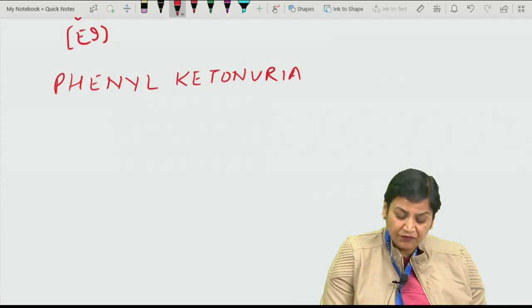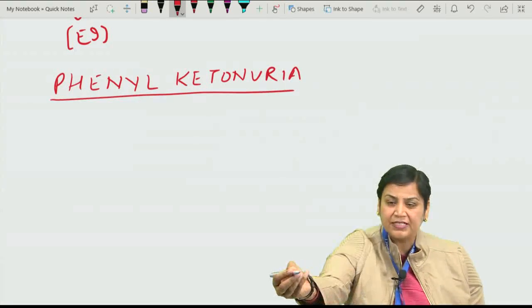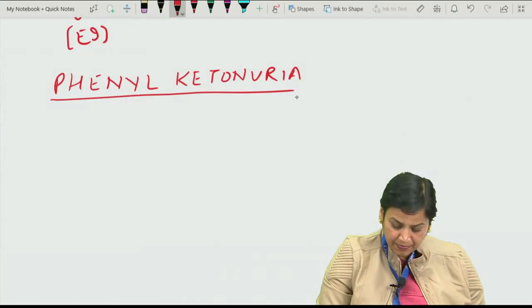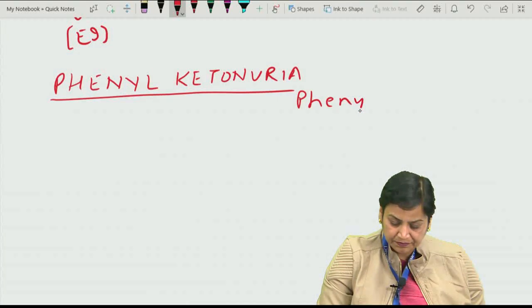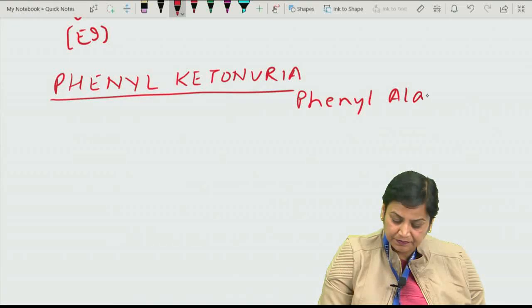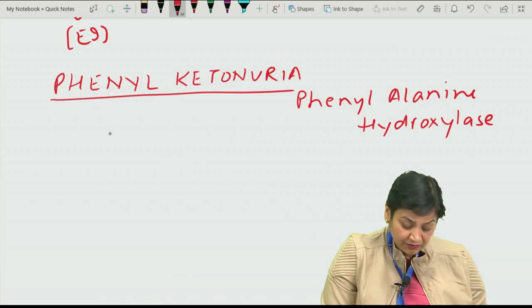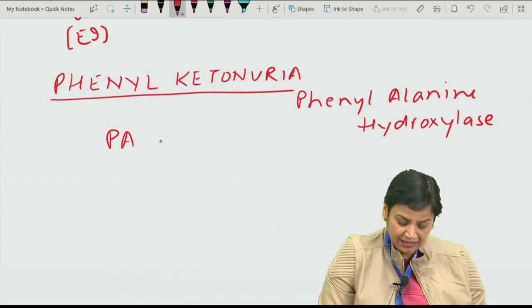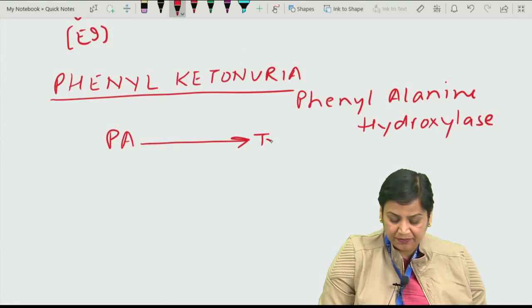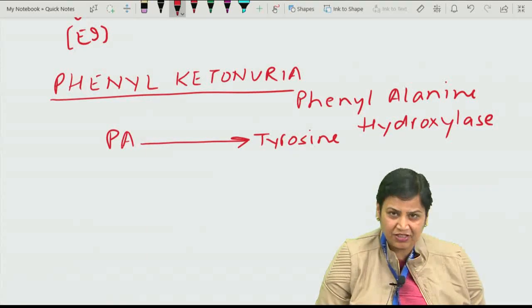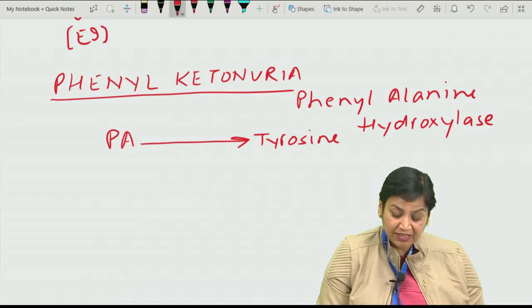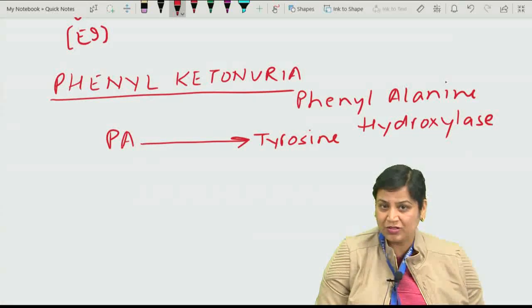Phenylketonuria is due to the deficiency of the enzyme phenylalanine hydroxylase. This enzyme is responsible for the conversion of phenylalanine to tyrosine. Phenylalanine is considered to be an essential amino acid. Why is it essential? Because it is required for the synthesis of tyrosine.